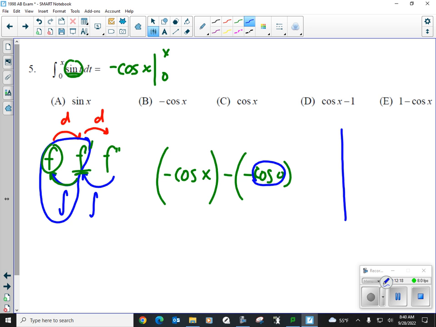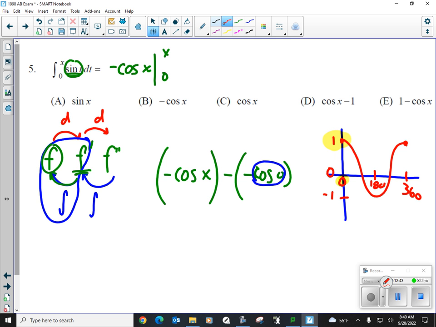If you forgot, cosine is the cup, starts up high, comes down to negative 1, all the way up to positive 1. Here's my 0. When your x value is 0, here your x value is 360 or 2 pi, 180, so forth. When your x is 0, your y is 1.